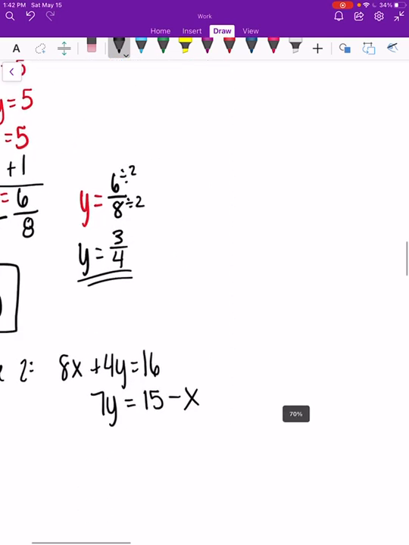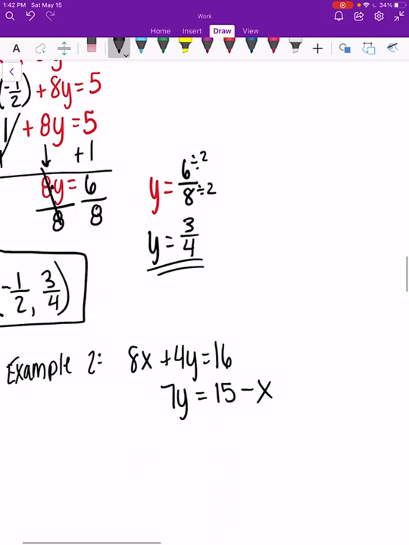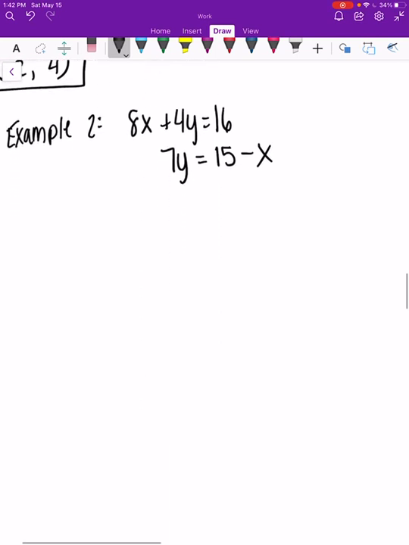So now I'm going to go down to example 2, which is 8x plus 4y equals 16, and 7y equals 15 minus x. Now, this is a little bit harder to do elimination with, and I'm actually going to tweak the second equation so that we can do the substitution method.